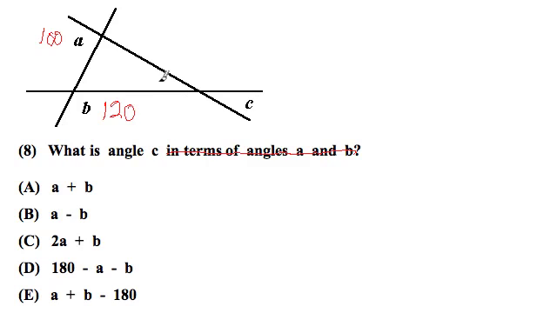By vertical angle rules, this has to be C also. And by the 180 rule on a line, I'm going to call this, say, X. That has to be 80. And if we call this Y, by the 180 rule with B, Y has to be 60.